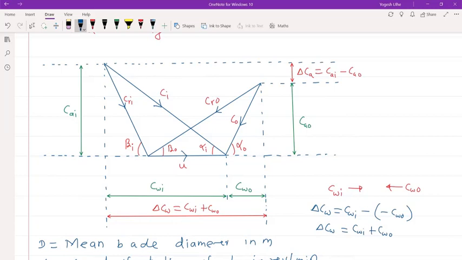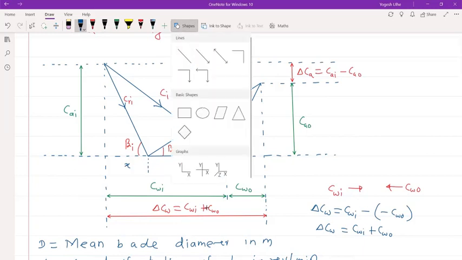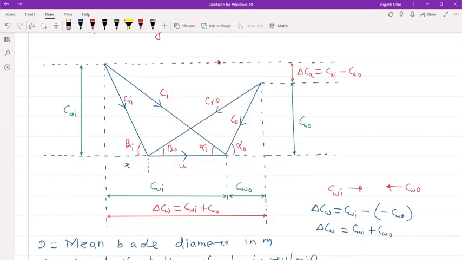Here we add this point as the X. We don't need it now, but we need this X while solving the numericals. Okay, this is the X.